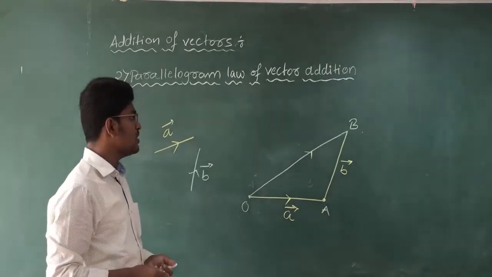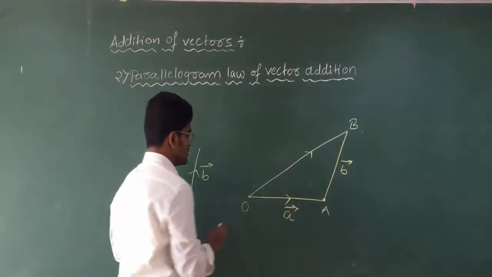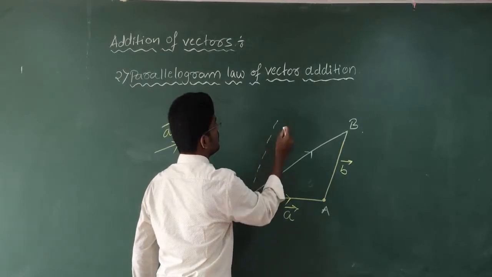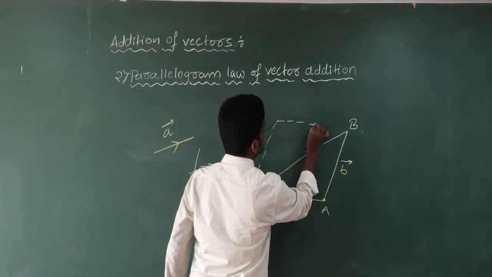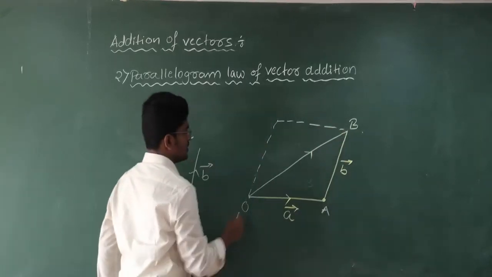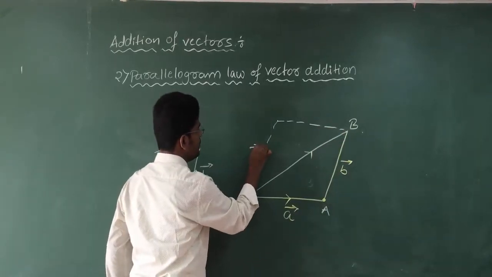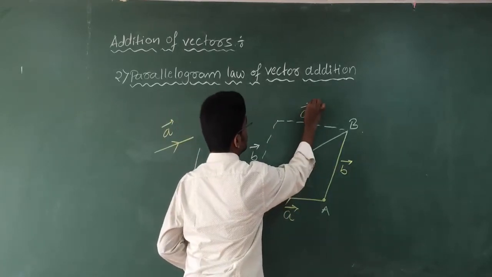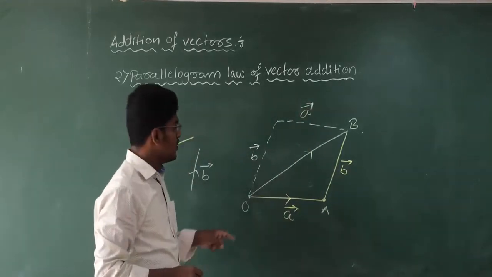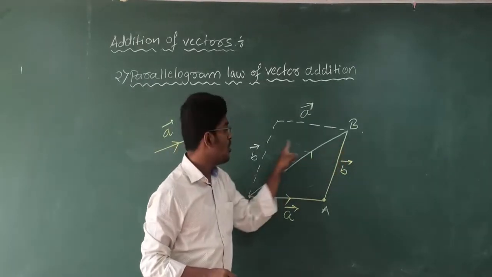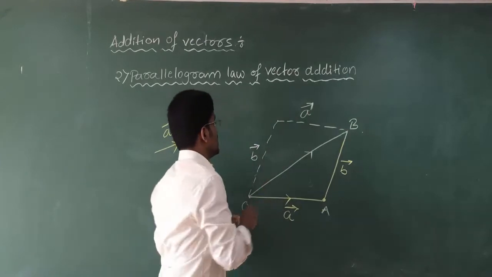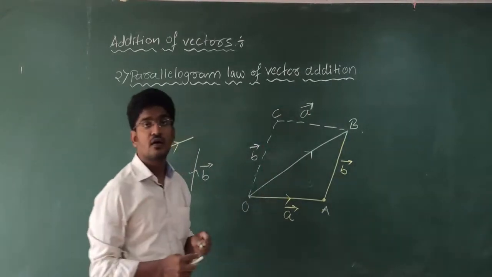In the parallelogram law, what do we do? We just draw two sides, where this is B and this is A. Clear? So now this will be the diagonal of parallelogram OAB and this is C. Okay.